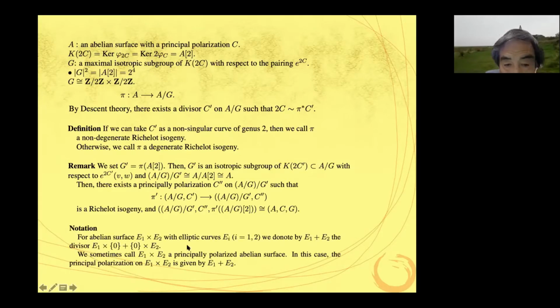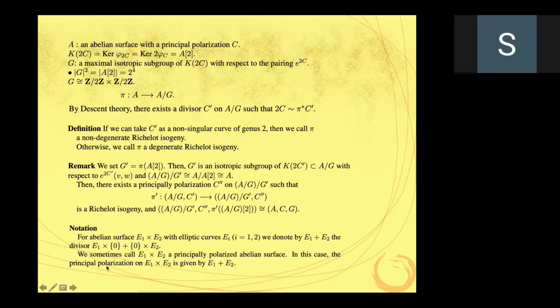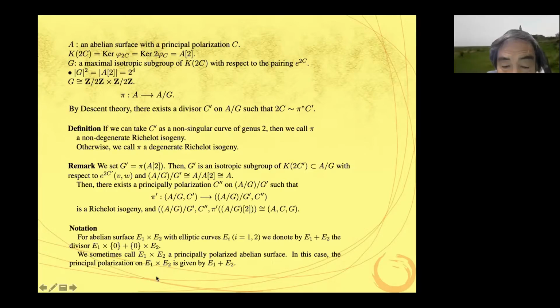And from here on, for a principal polarization like this, we denote it by E1 plus E2 for the sake of simplicity. And we sometimes call E1 cross E2 a principally polarized abelian surface, which has a principal polarization like this, E1 plus E2. This is notation.